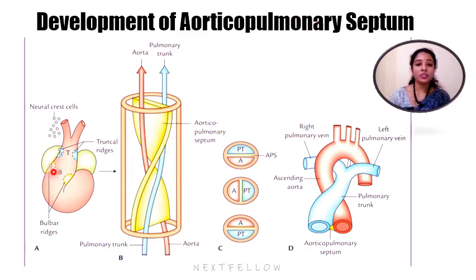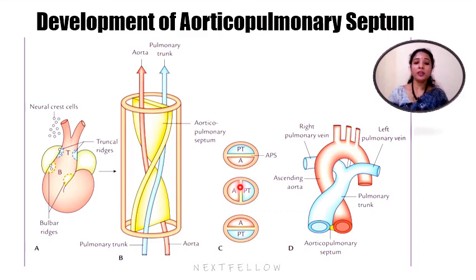So you can see the bulbar ridges, we can see the truncal ridges. They are not one above the other, they are spirally present, and growth of these ridges forms this spiral septum, the yellow one. So in the lower part we can see the aorta posterior, pulmonary trunk anterior.